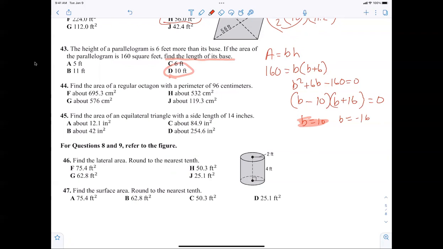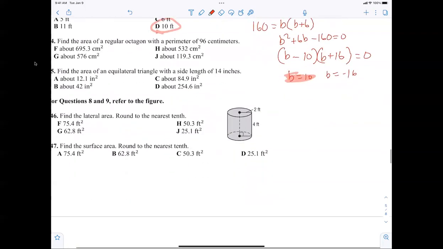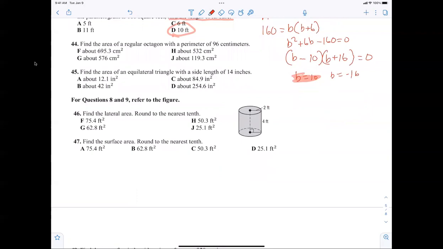Okay, the area of a regular octagon. All right, so in an octagon, let's talk about it just to refresh. Area equals, if we draw an octagon, how many triangles are there? 8, so it's going to be 8 times 1/2 base times height. Everybody okay with that?